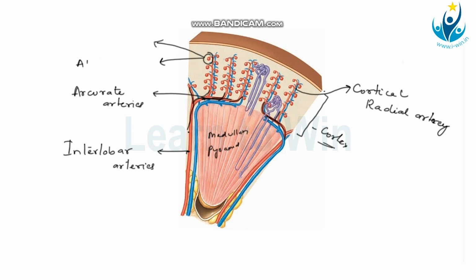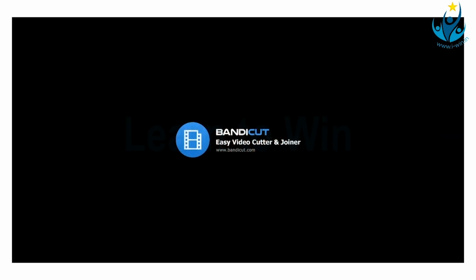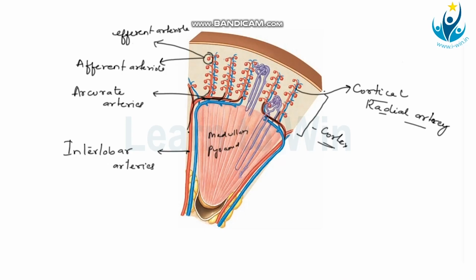One will be the afferent arteriole, which is coming from the cortical radial artery, and the other one will be the efferent arteriole. When we study the structure of the nephron, you will clearly see where the afferent and efferent arterioles are coming from. But remember, the cortical radial artery will give rise to the afferent arteriole, which will give rise to the efferent arteriole.